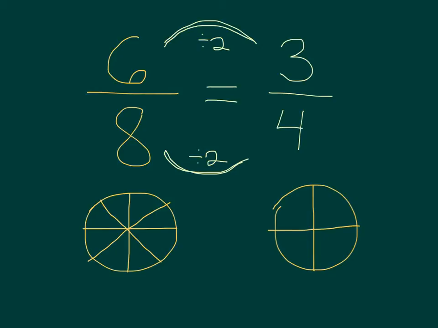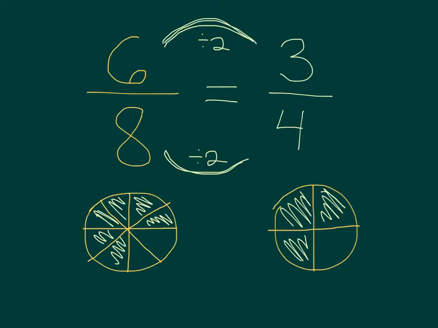I know that because if I draw it, 1/8, 2/8, 3/8, 4/8, 5/8, 6/8, and if I draw 3/4, 1/4, 2/4, 3/4, they're equal. They're both shaded the same. And another reason is because I divided the numerator and the denominator of 6/8 by the same number.